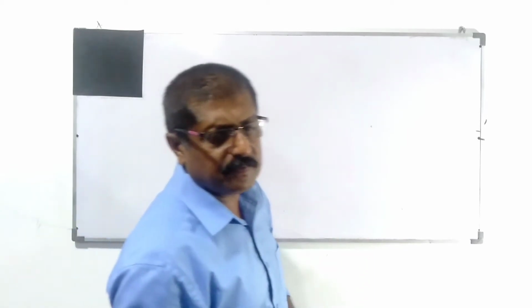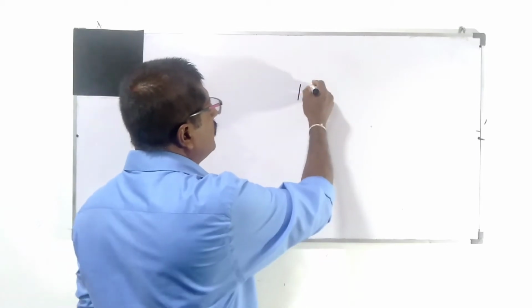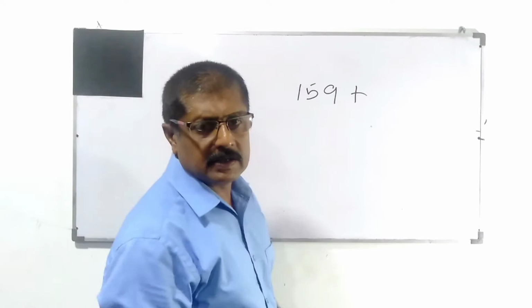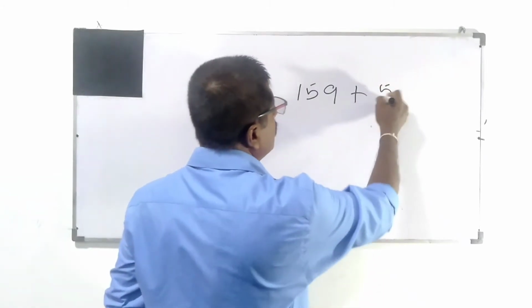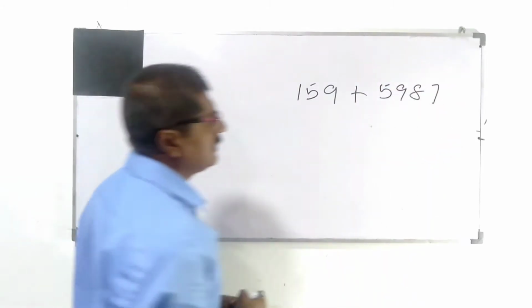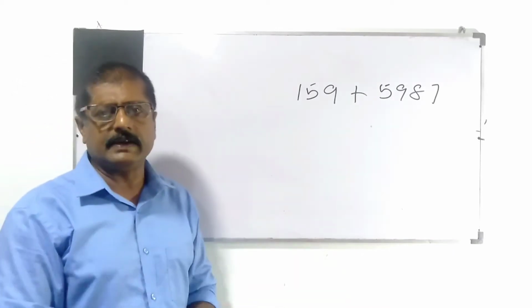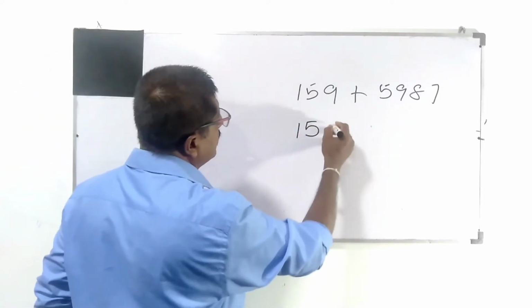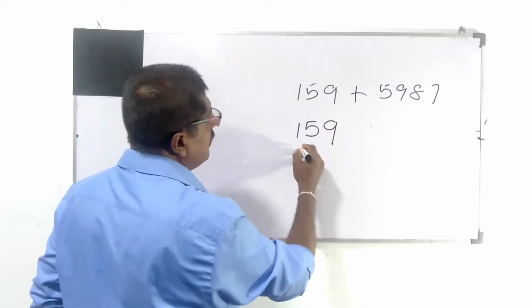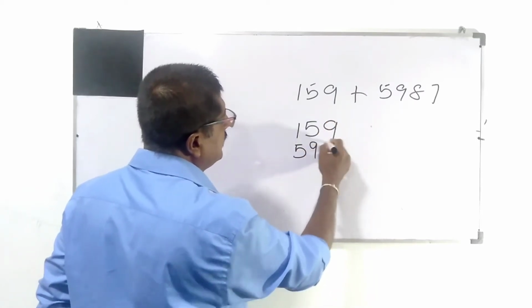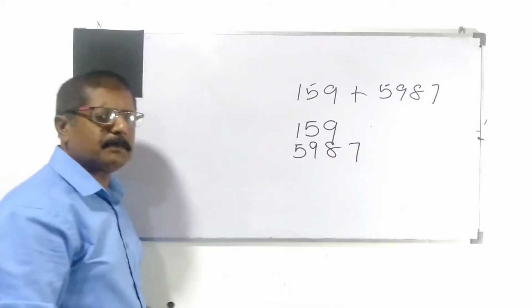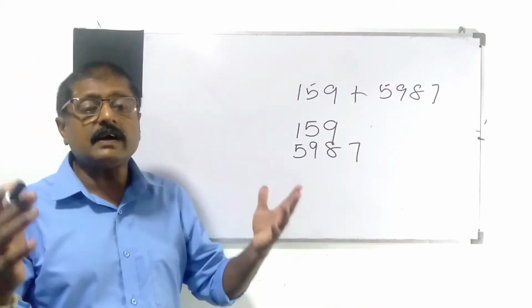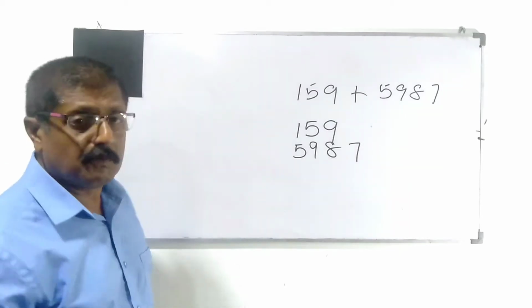Right. Now let's take at first 159 plus 5987. These 2 numbers we are going to add. If we write them like this, 159, 5987, can we do this addition? No, we can't do this addition like this. Why?